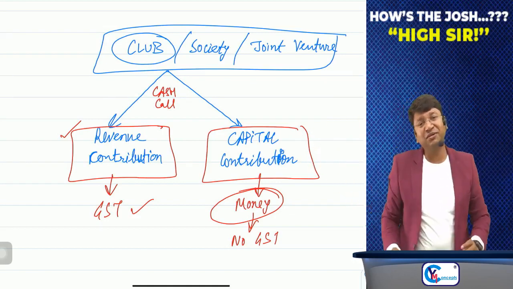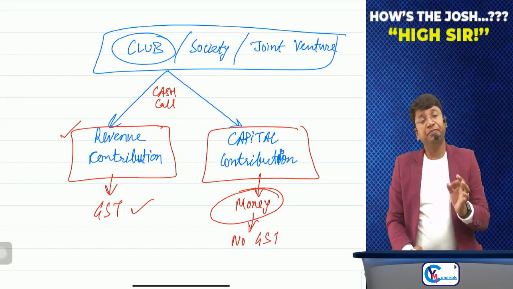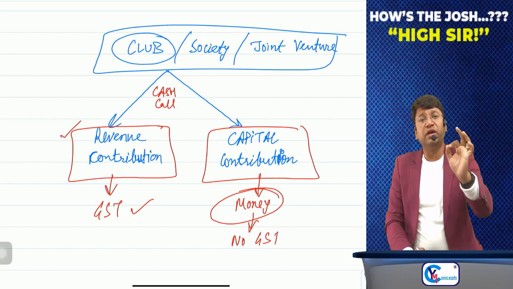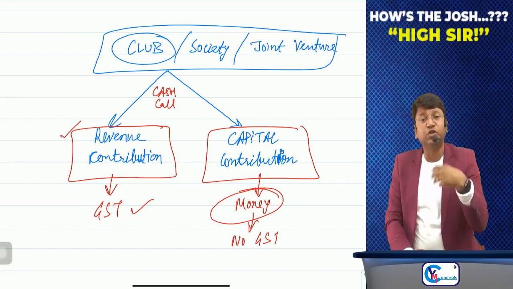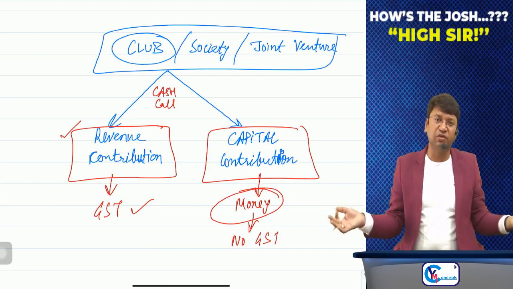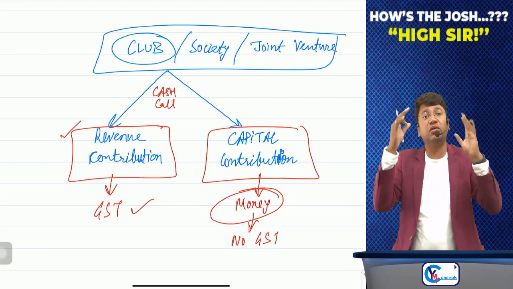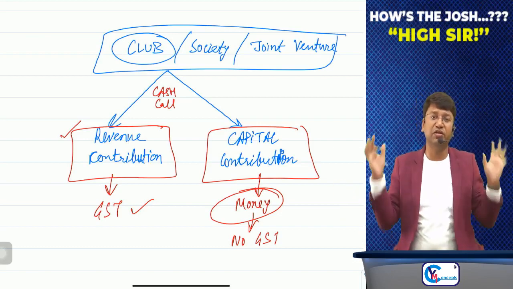Clear? Done. So ultimately, AOP BOI, club, society, joint venture, and its members are two separate, two different persons, notwithstanding anything contained in any act or any judgment or order or decision given by any authority.